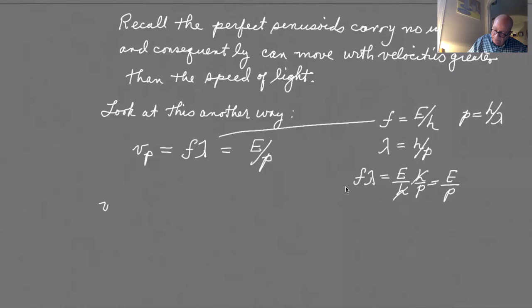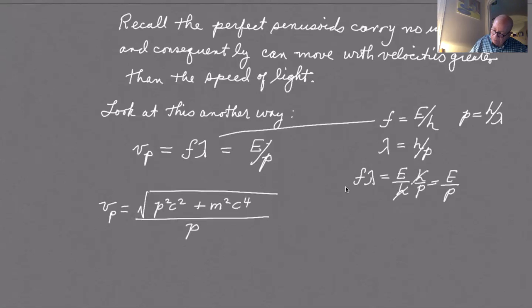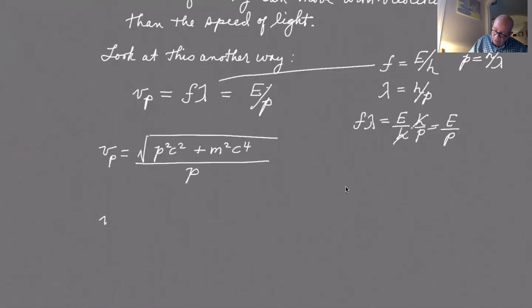So the phase velocity is going to be equal to the square root of the relativistic energy, which is p squared c squared plus m squared c to the fourth, over p. I'm going to bring the p into the radical.